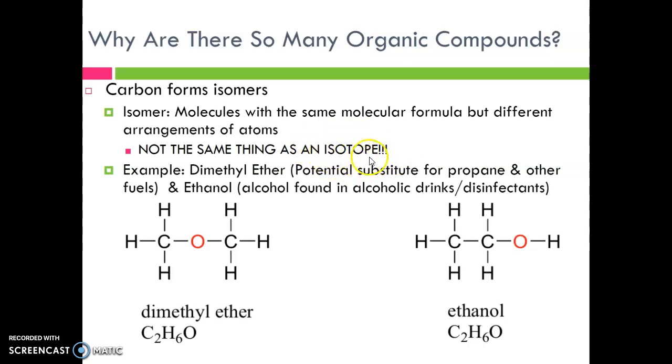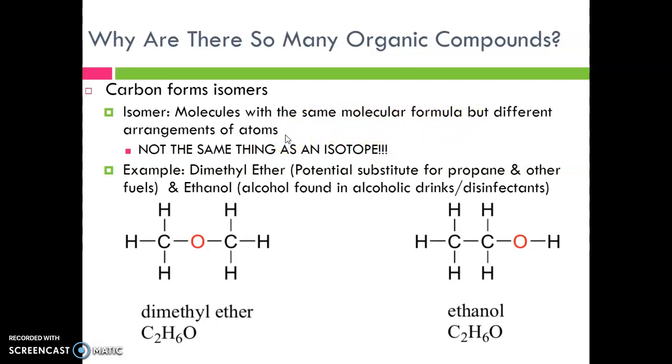Remember, isotopes are radioactive elements, things that have a different number of neutrons in their atomic nucleus. Isomers are molecules. We're not looking at the atom specifically, we're looking at the whole molecule. So isomers are molecules with the same molecular formula, but different arrangements of atoms.